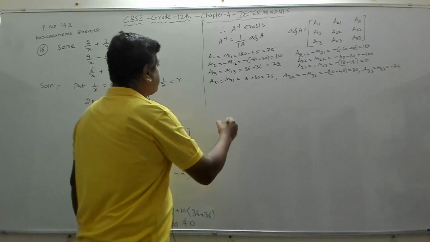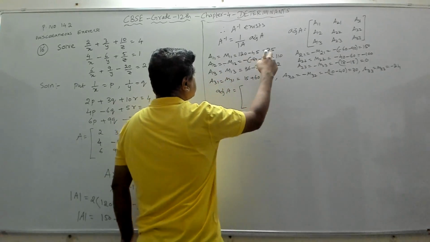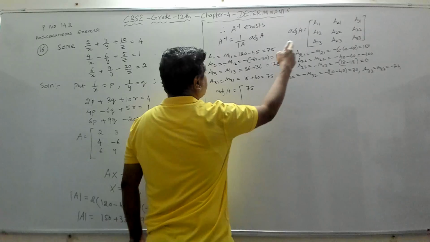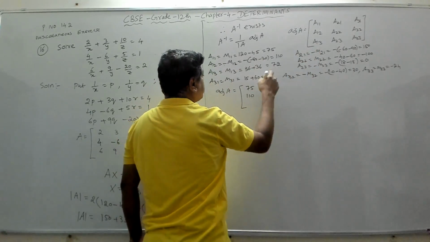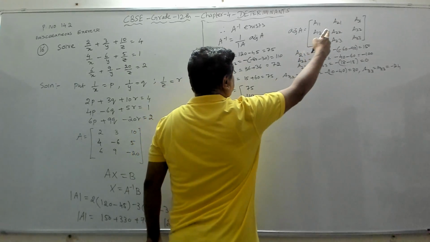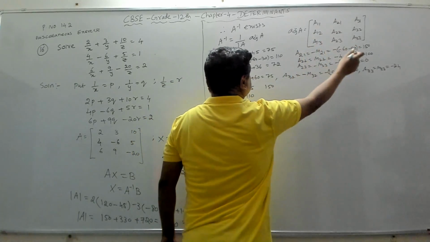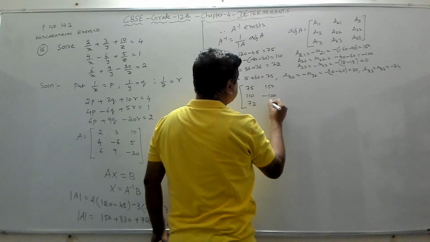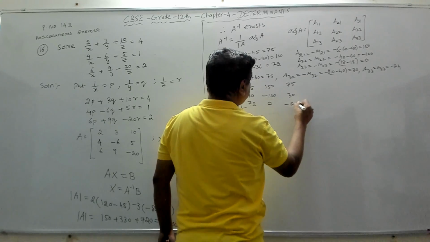Now let's find adj of A. We have to substitute all these values. A11 is 75. A12 is 110. A13 is here, which is 72. Then A21 is here, 150. A22 is minus 100, then 0, 75, 30 and minus 24.